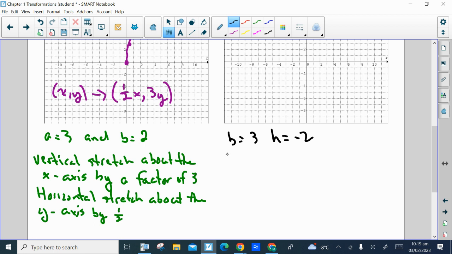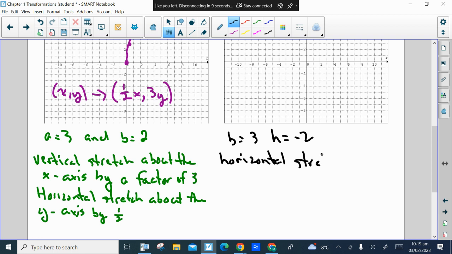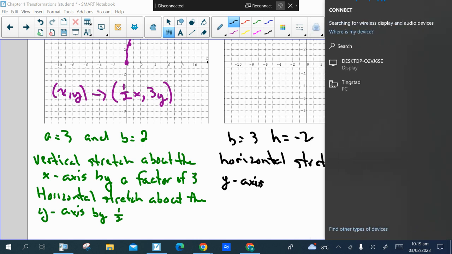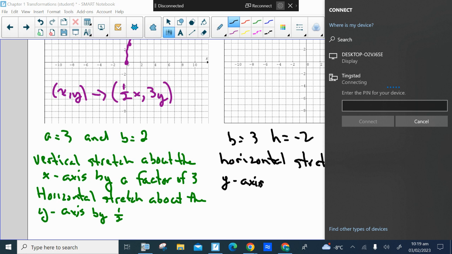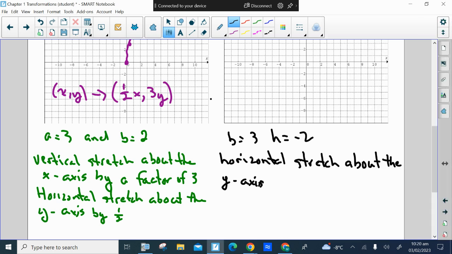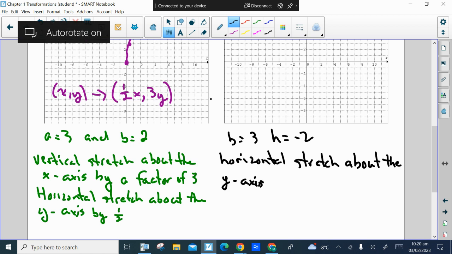So if we have a b value of 3, that gives us a horizontal stretch about the y-axis.